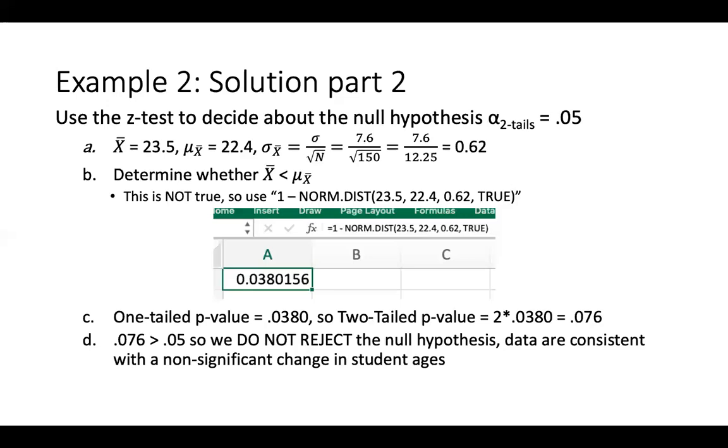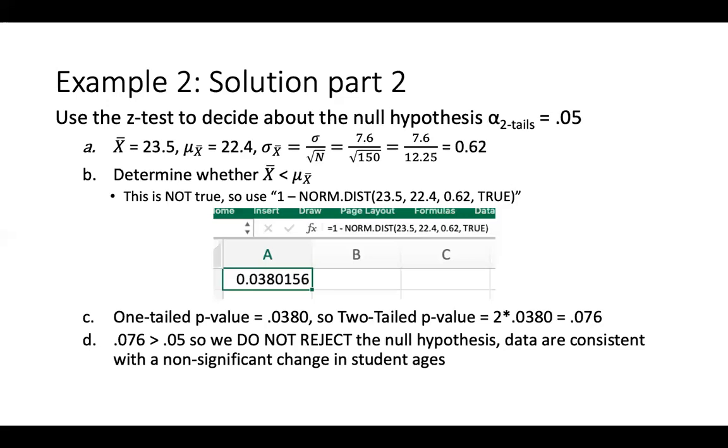So that's essentially what we're doing. We're asking a question using probability theory, a way to figure out, is our sample result reliably due to something other than just sampling error? And in this case, it isn't. Our conclusion is that we don't really think so. We can't be absolutely sure, but it doesn't look like it.